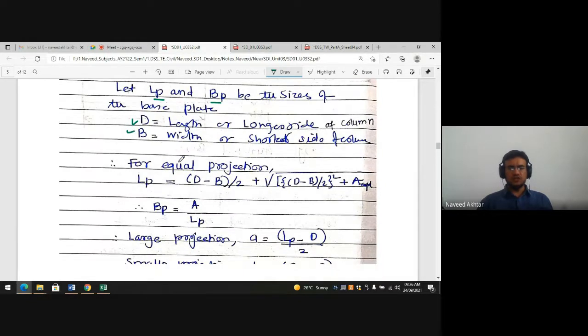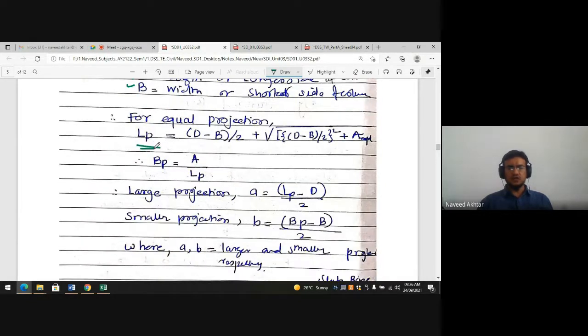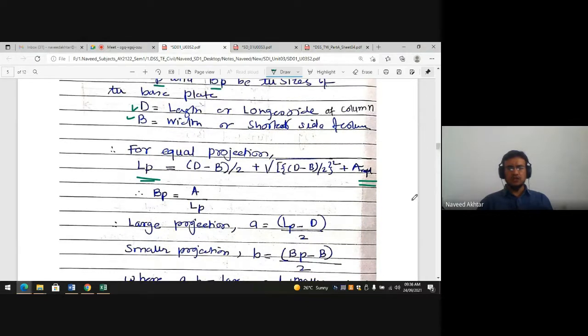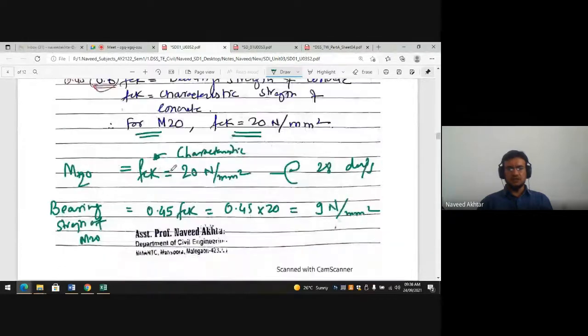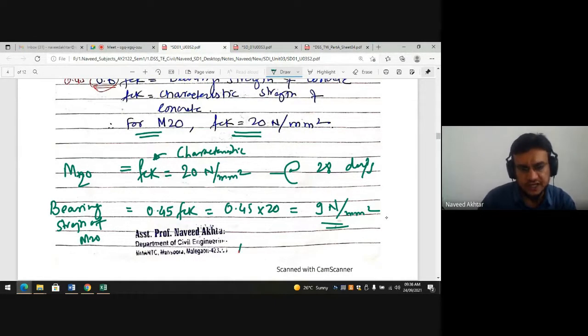For equal projection, the length of plate is equal to D minus B by 2, plus the square root of (D minus B by 2) whole square plus the area required. You have to find the area required, since you know the bearing pressure and the load.